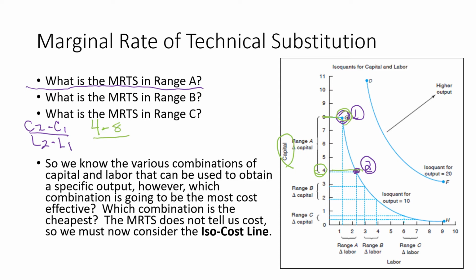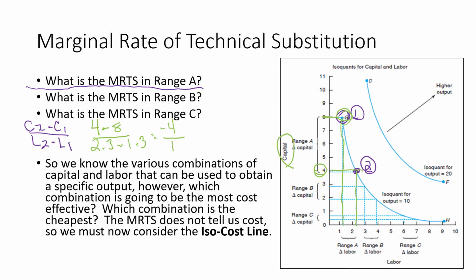And we're going to divide that by our labor at point 2, which here is about 2.3, we'll say, minus our labor at point 1, which is approximately 1.3. So we have 4 minus 8 is -4, and then 2.3 minus 1.3 is 1.